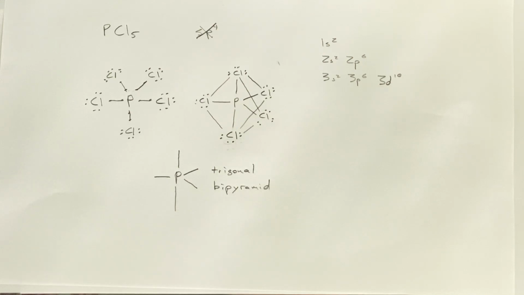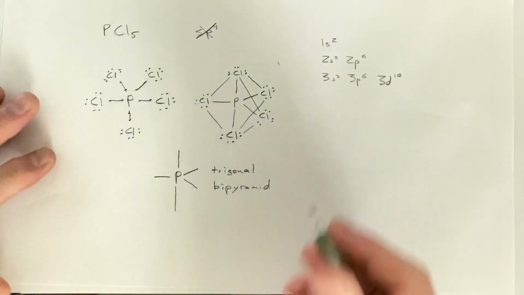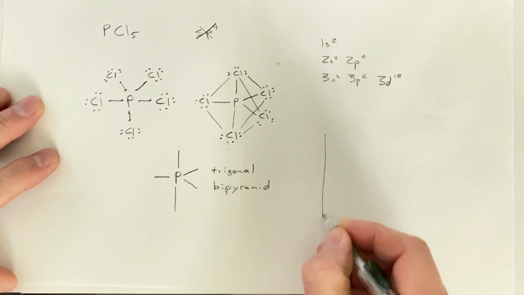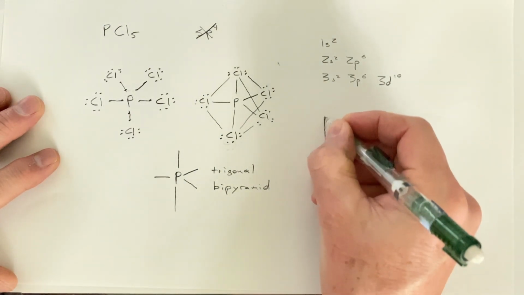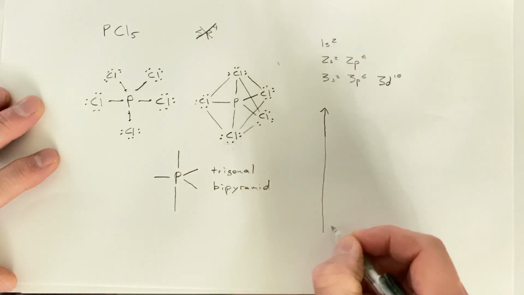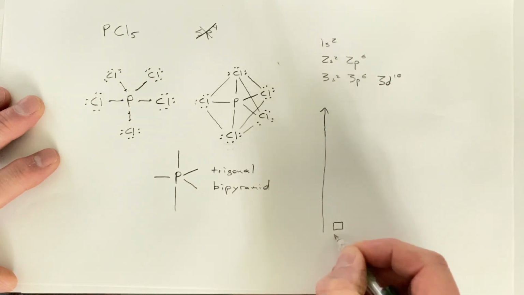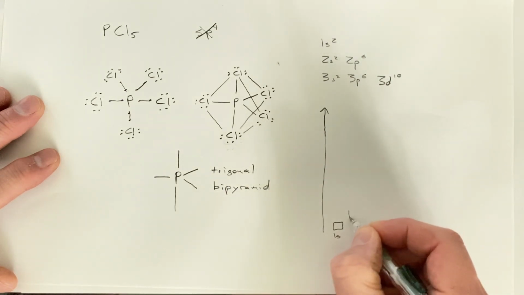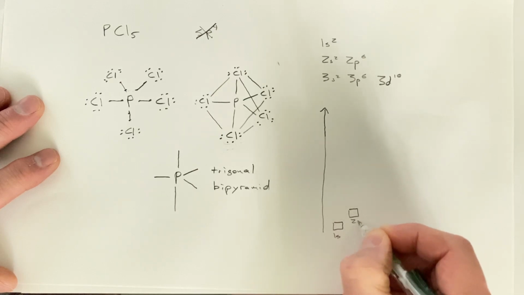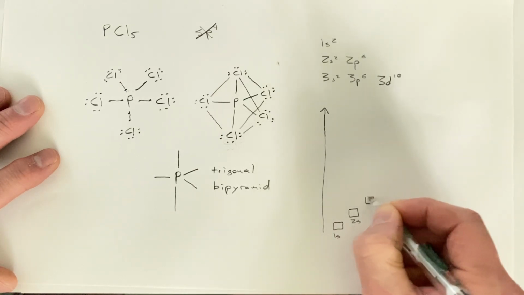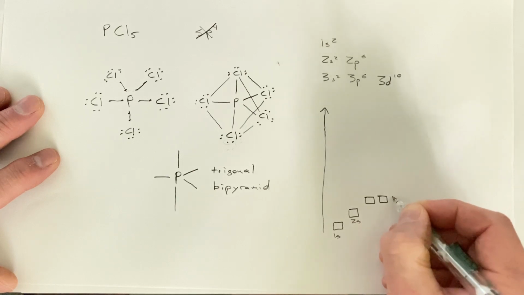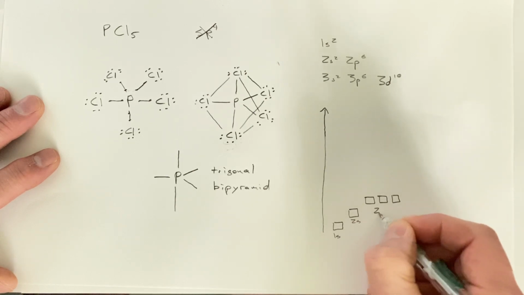It's important to remember here that phosphorus is a period 3 element. So let's look at an orbital diagram for phosphorus. We certainly will have the 1s orbital. Then we will have the 2s orbital. We will have our 2p orbitals.